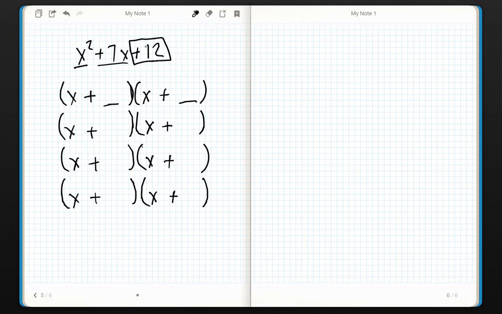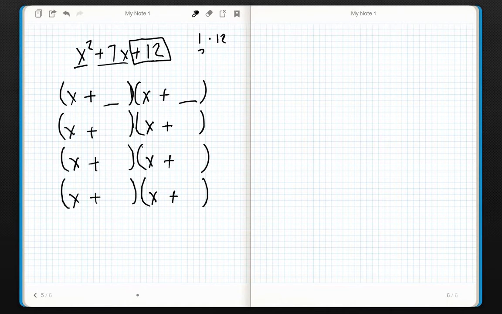Now the only thing I need to decide is which of the factors of 12 I'm going to use. You may have already figured this out, but there are 6 different potentials, although in this case it's really only 3. We've got 1 times 12, or 12 times 1, and this will come up later when the coefficients of the leading term are not 1.